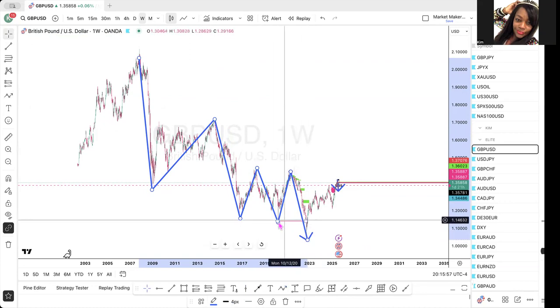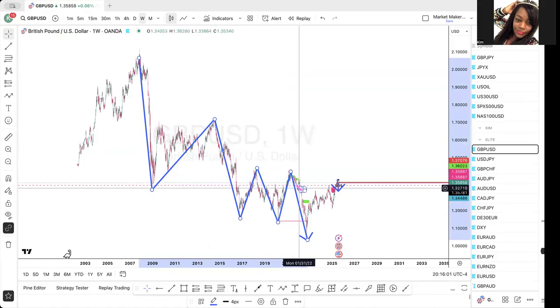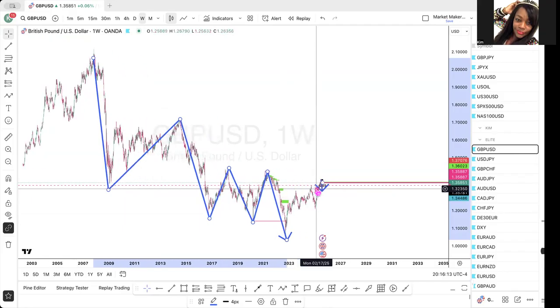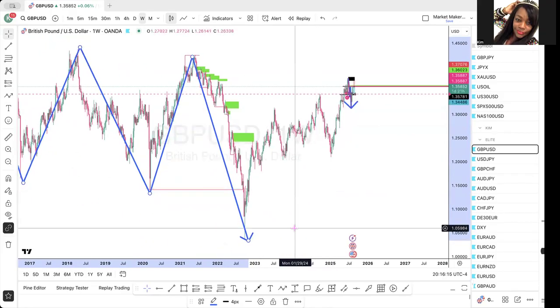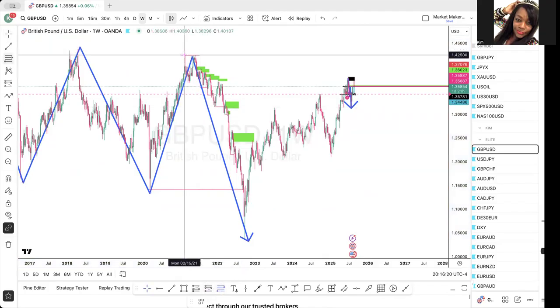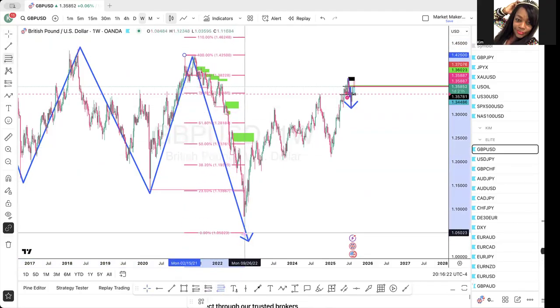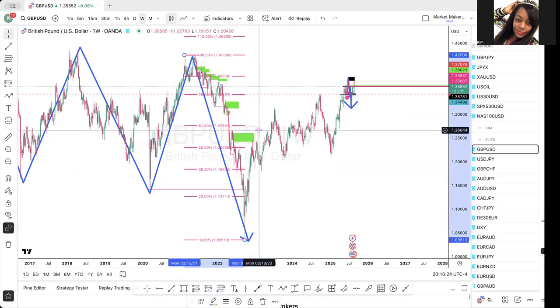And every time you get a break of a swing high or a swing low, price is going to give you a pullback to take it up or down to your 78 or 88, right? So this was the last down move.